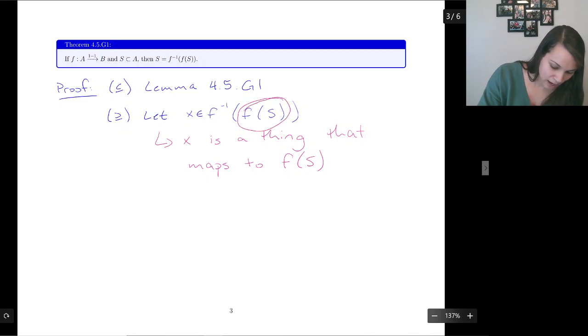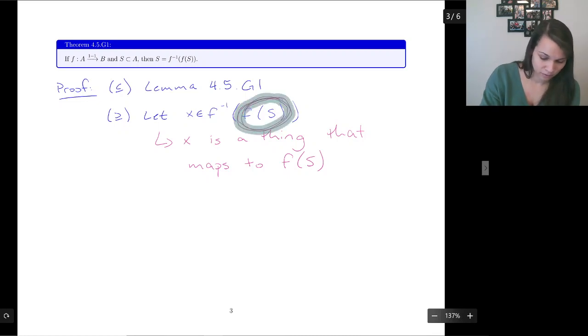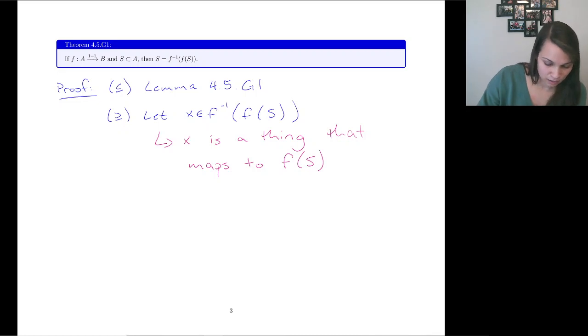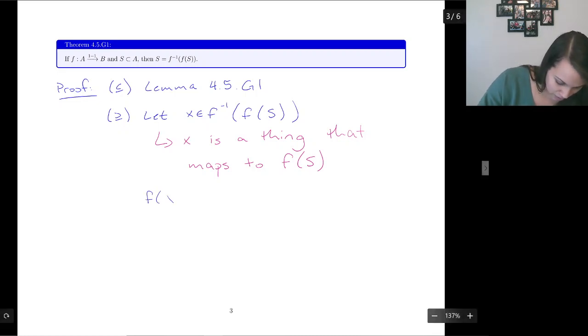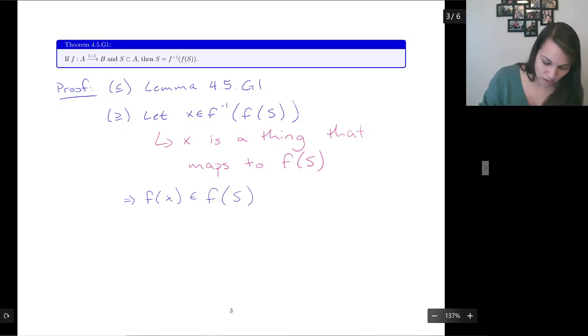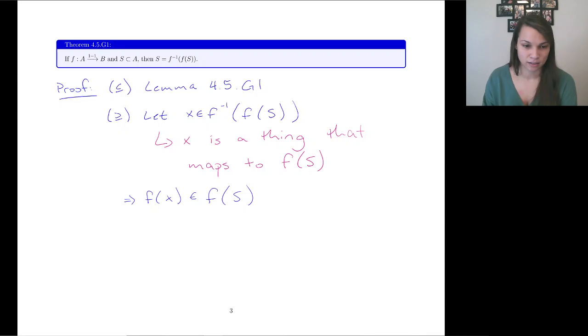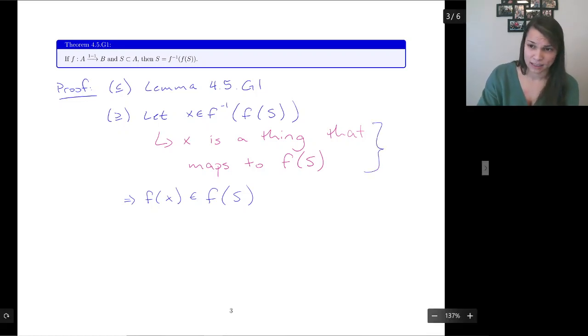It means x maps to whatever set is sitting inside here. Okay. So that means that the image of x is in the image of f of s. So that's the math way of writing this right here.